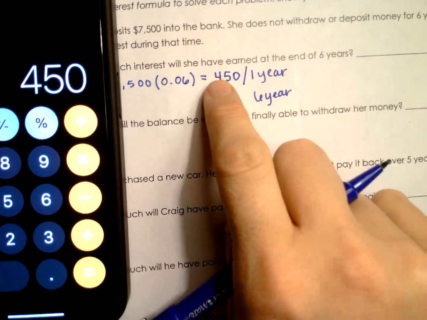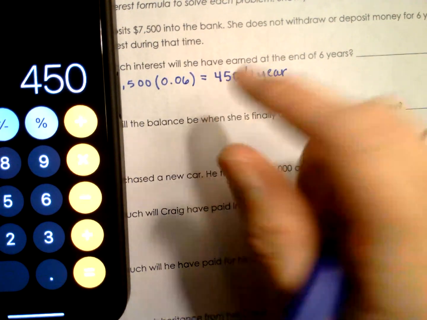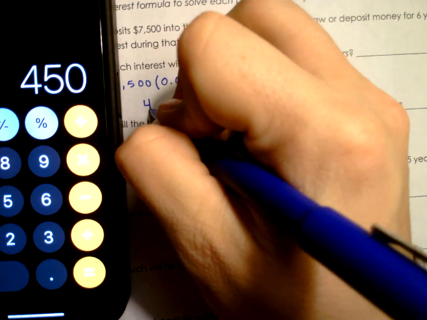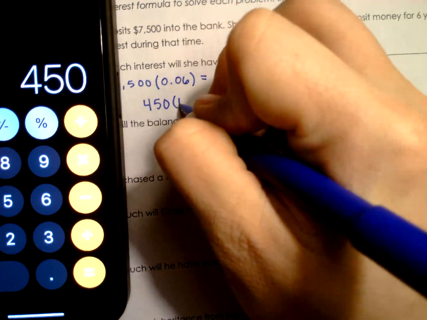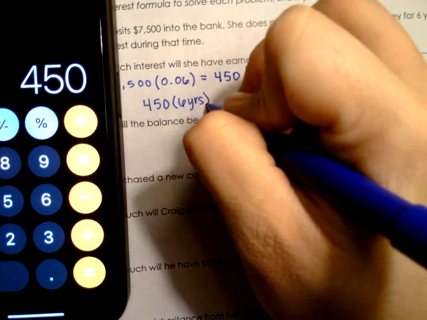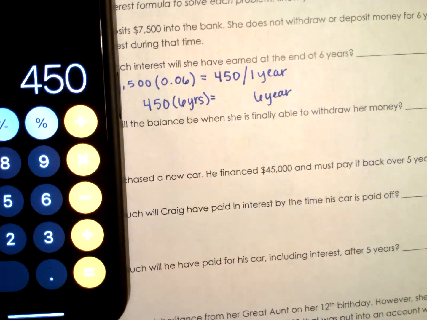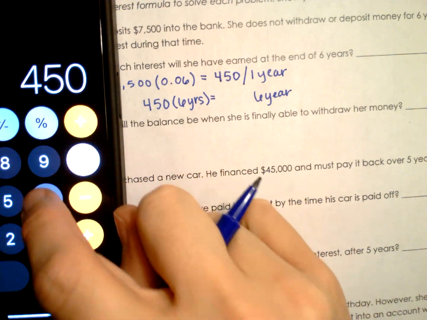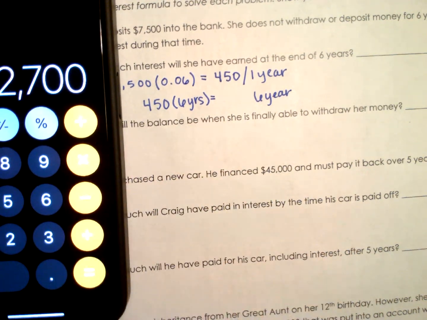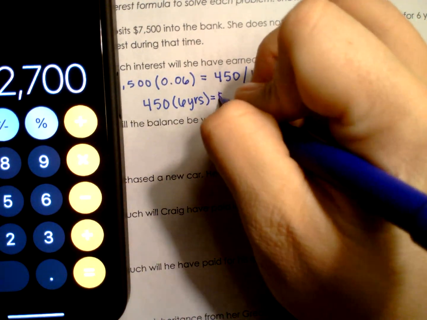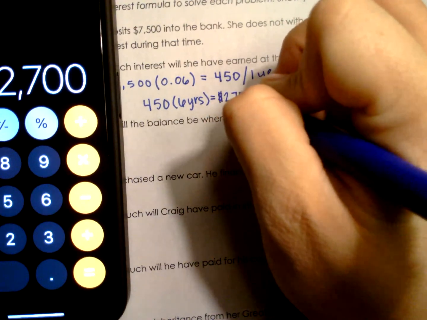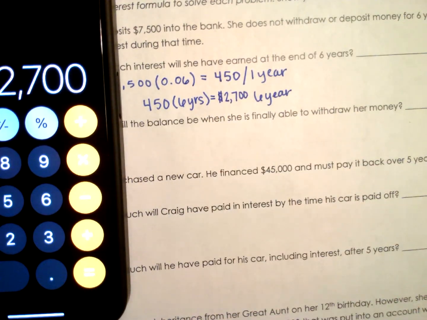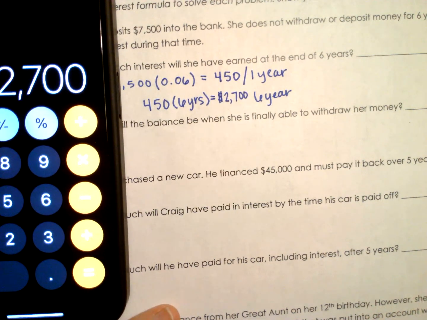So each year it's going to earn 450. So I could say that it's the same thing as saying 450 times 6 years. So 450 times 6 is 2,700 for 6 years. That's how much she makes off of that 7,500 in her account.